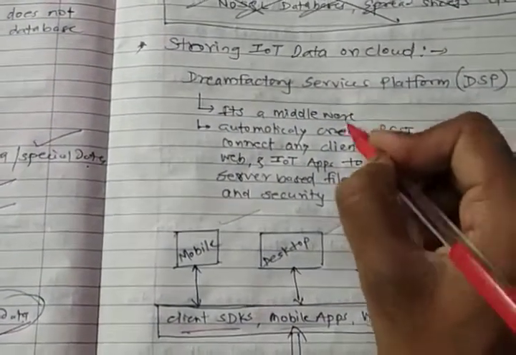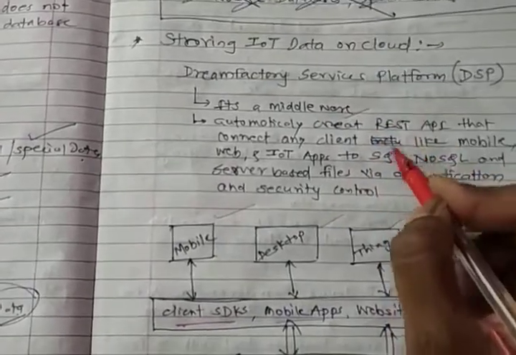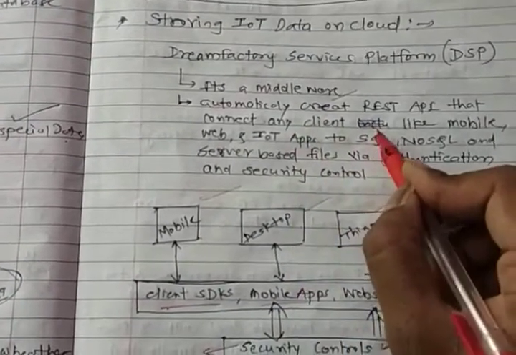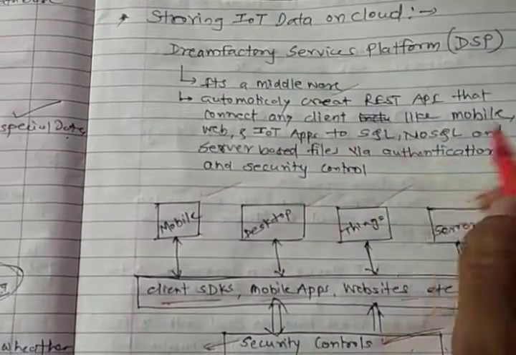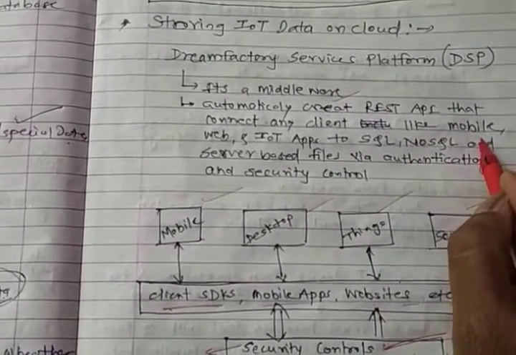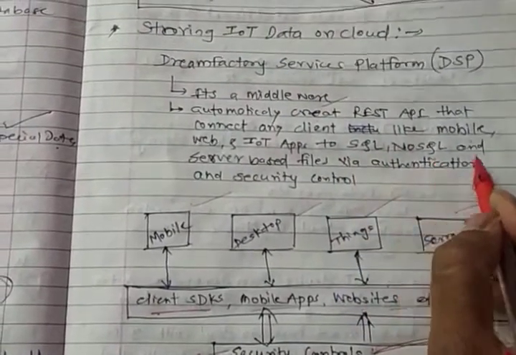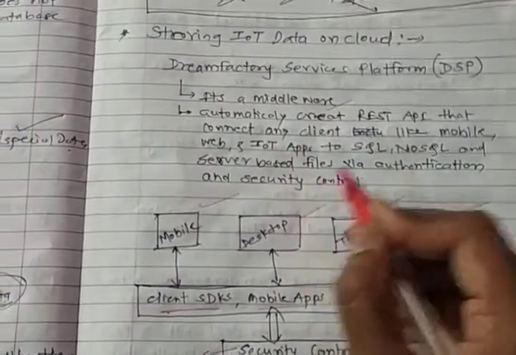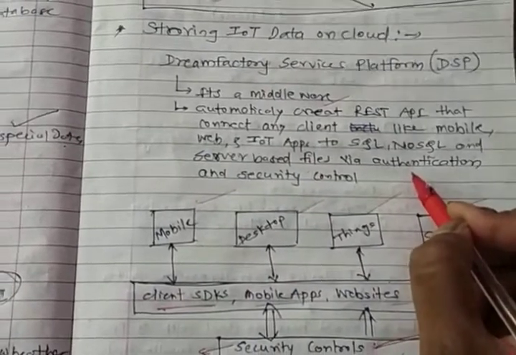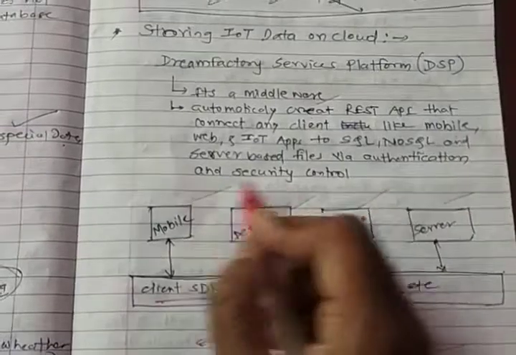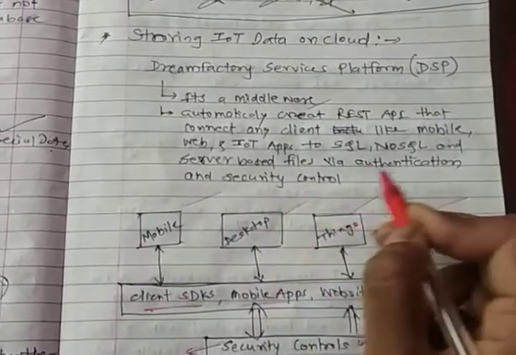It is nothing but the middleware that automatically creates the REST API that connects any client, like a mobile, web service or anything, to SQL, NoSQL, or any type of database that is used to store the data on the cloud, and also authenticates and provides the security control to the particular user, right?